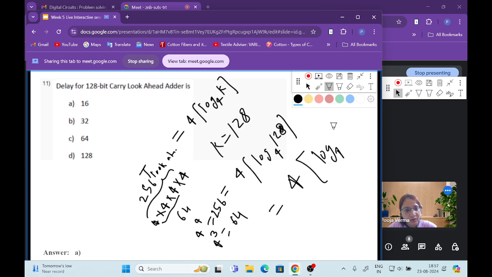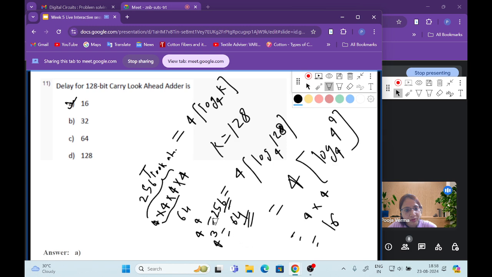So you will get 4 log 4. We can always take the greater one. So you will get 4 into 4, that is 16, right? Because we can't take 4 to the power 3, as it only gives 64. We take the upper one, because 128 is greater than 64.